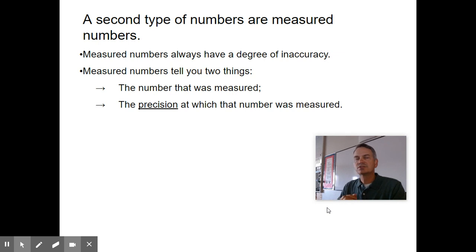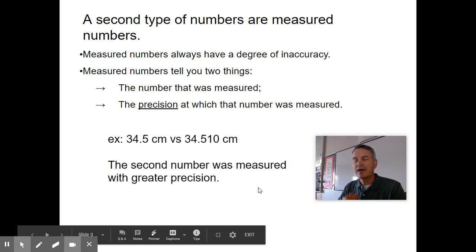Now, measured numbers tell us two things. First off, obviously the number that was measured, whether it's 24 centimeters, 3.4 kilograms, whatever, but it's also going to tell us the precision at which that number was measured. All right, not all measuring instruments are the same. We have digital scales that will go to the 10th place, to the 100th place. We even have one that will go to the 10,000th place. And we need to keep that in mind when we're recording our values.